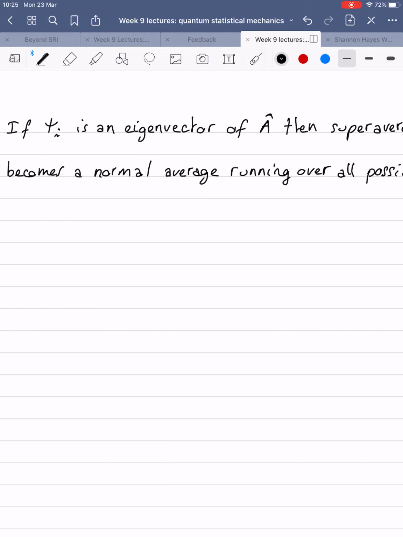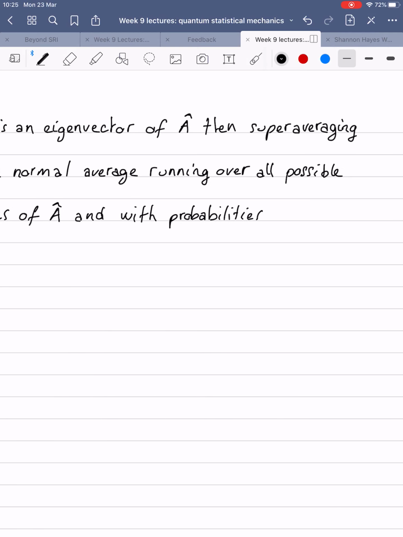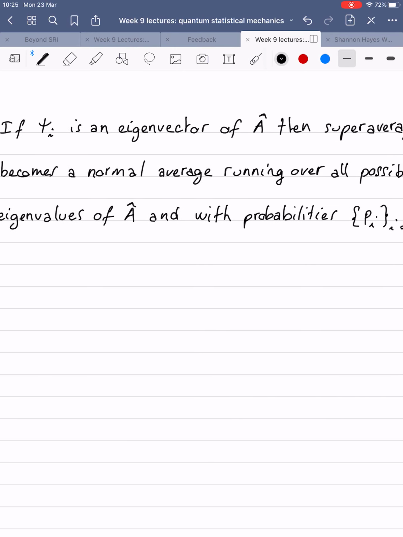So all possible eigenvalues of A, and with probabilities p_i, and i ranging from 1 to however many eigenvalues you have.